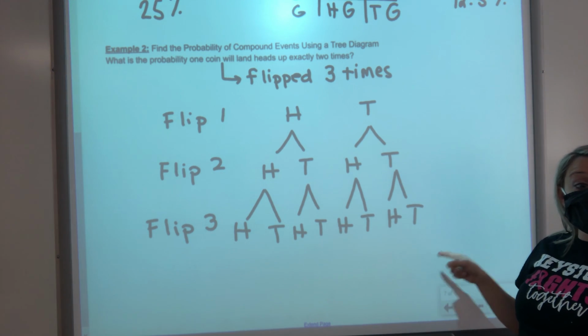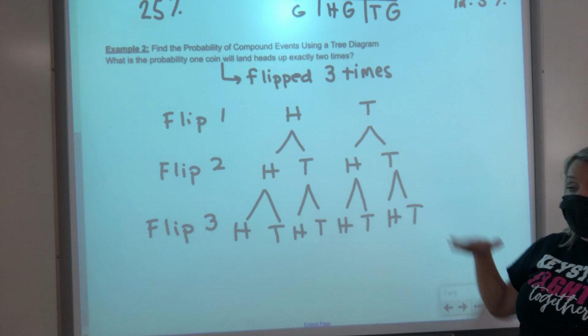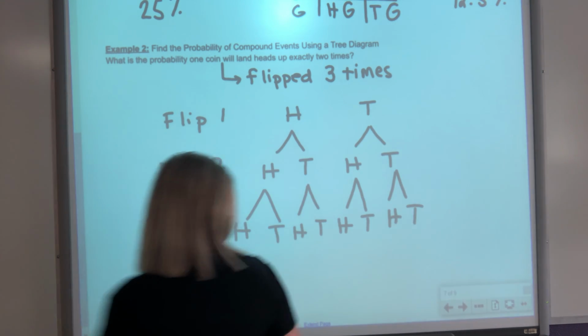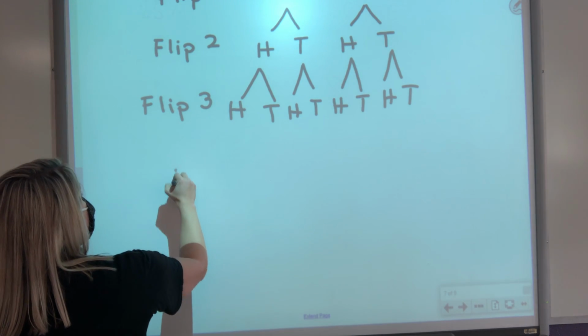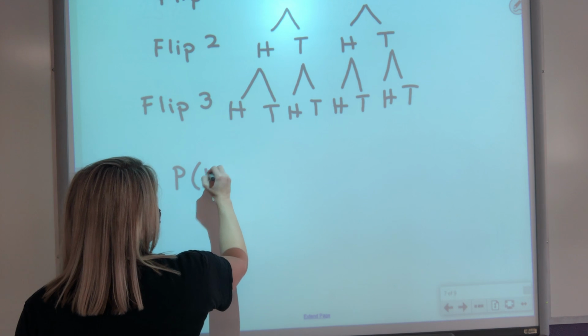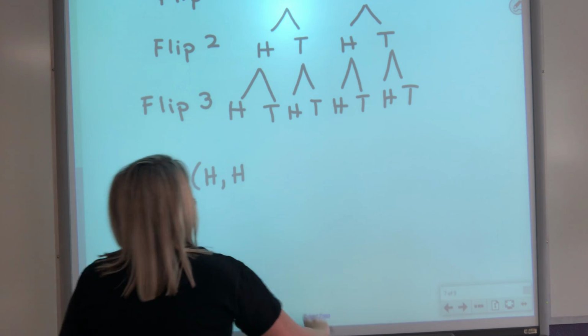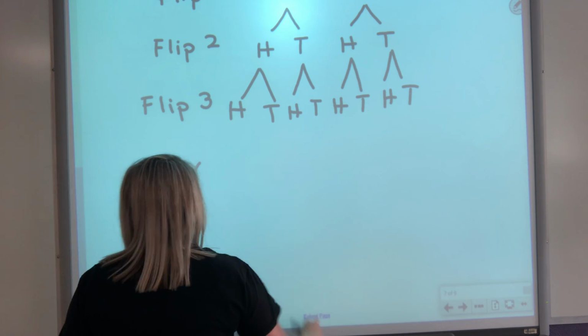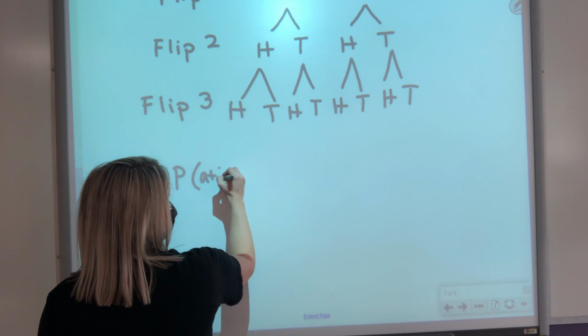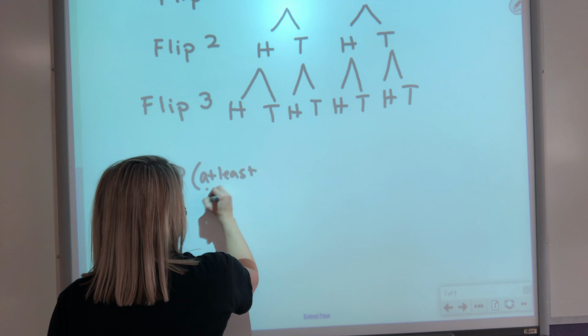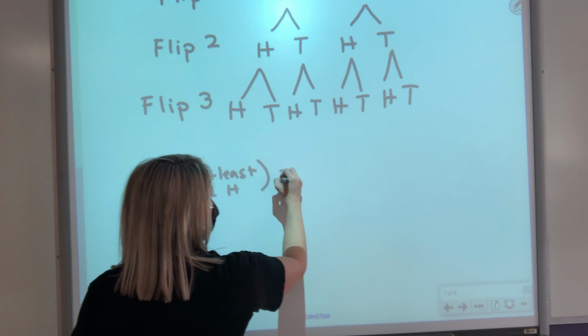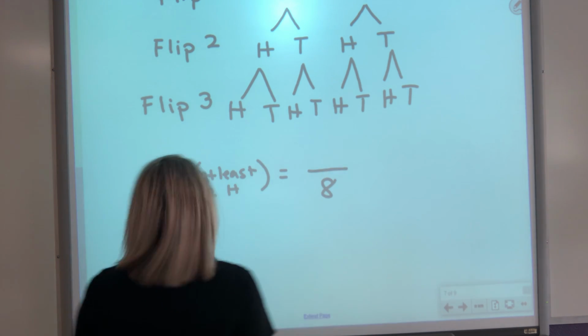So there are 8 possible outcomes of this event. So the probability that we're trying to find is at least 2 heads, right? And we know there are 8 possible outcomes.